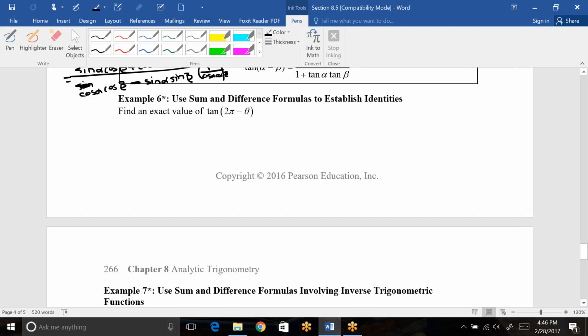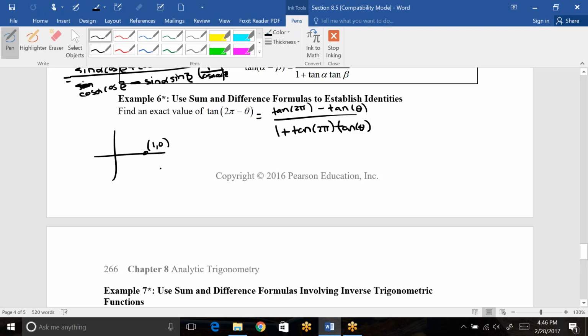Now if we wanted to find the exact value of tan of 2 pi minus theta, using our formula, that would be tan of 2 pi minus tan of theta, since it matches that on top, over 1 plus tan of 2 pi tan of theta. So tan of 2 pi, remember 2 pi is right here, that's the ordered pair 1, 0.